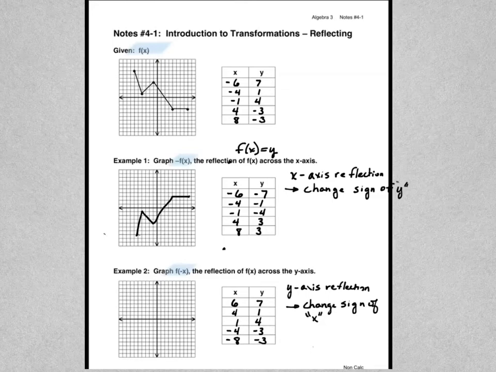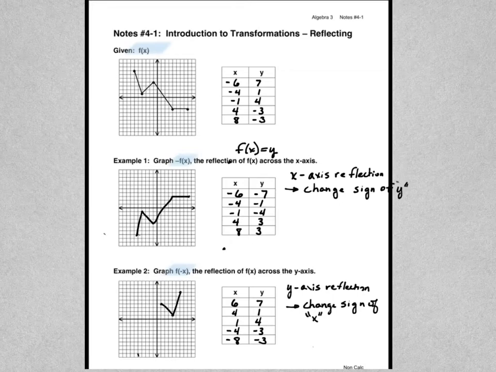And now we want to graph it. So we have 6, 7. Then we have negative 4, 1. Then 1, 4. And so we're going to connect these.